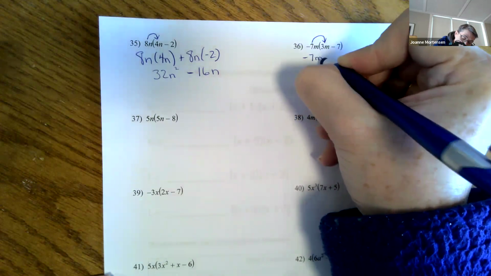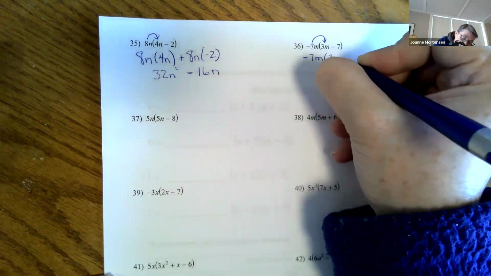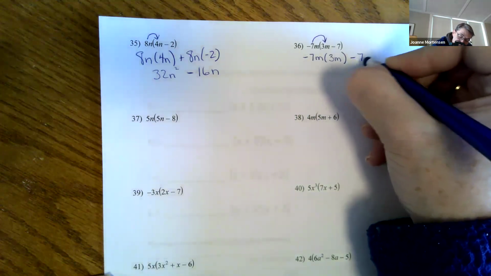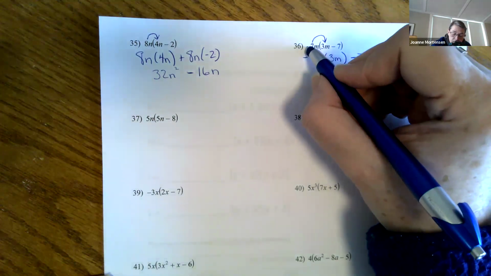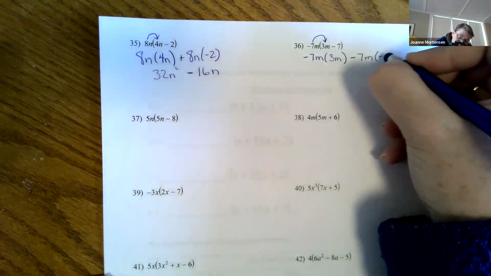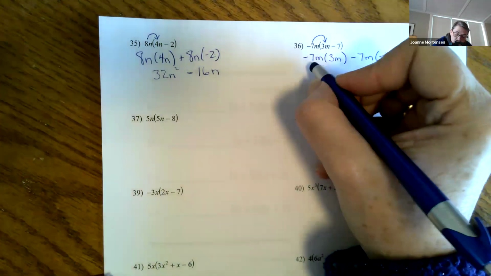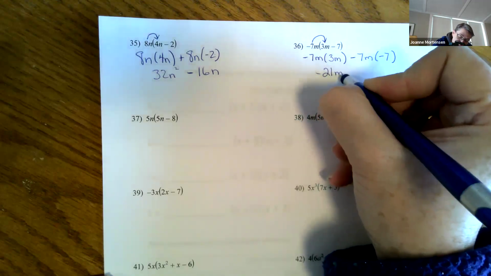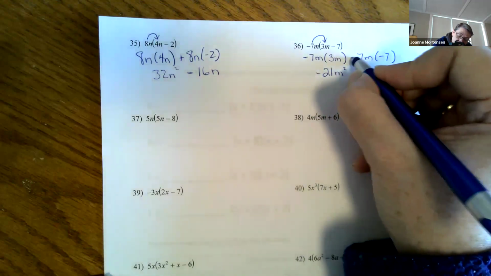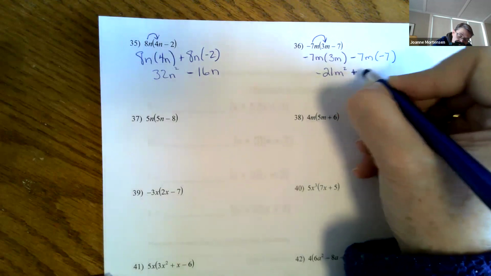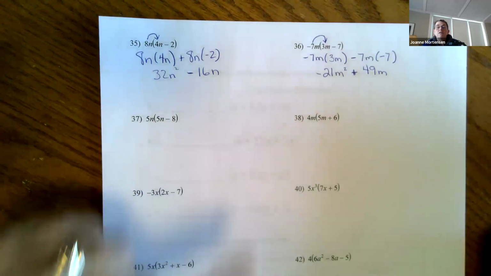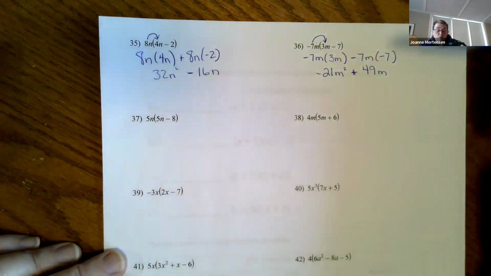This is the one I wanted to get to. Minus 7m times 3m. Now, careful, when we do the second part, it's minus 7m, right? That negative times minus 7. So minus 7 times 3 is minus 21m squared. And negative times negative makes positive 49m. So this is what I meant from before.